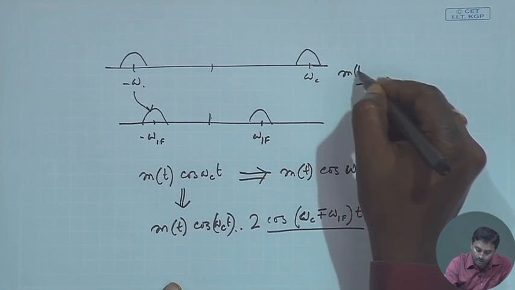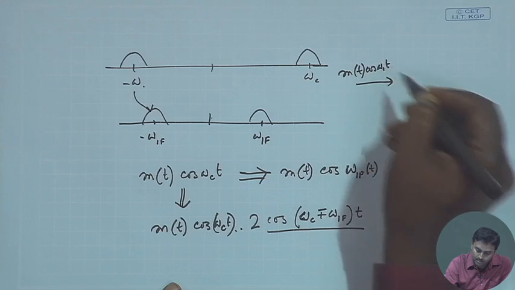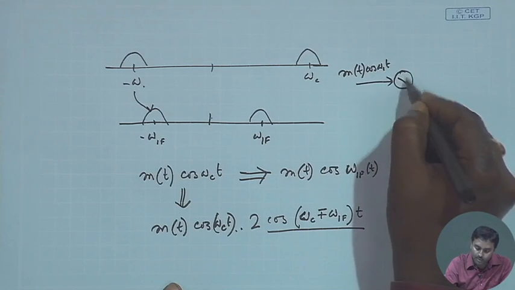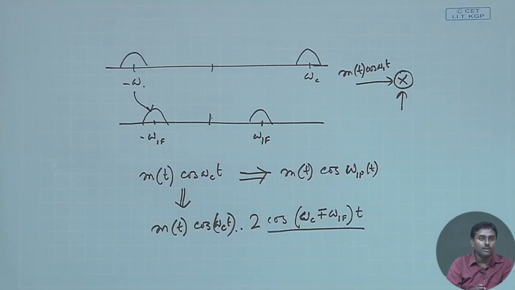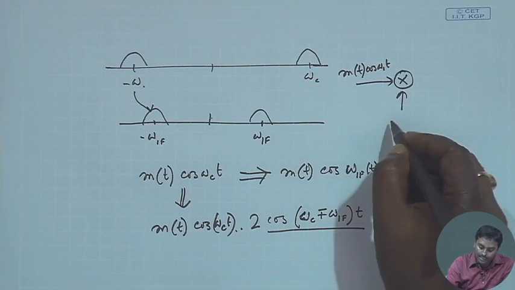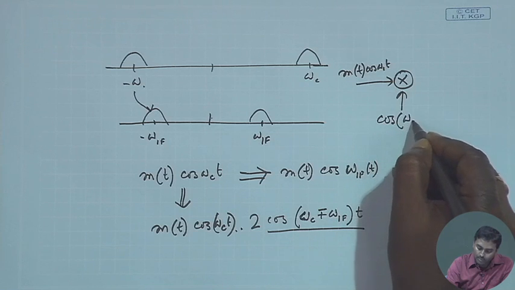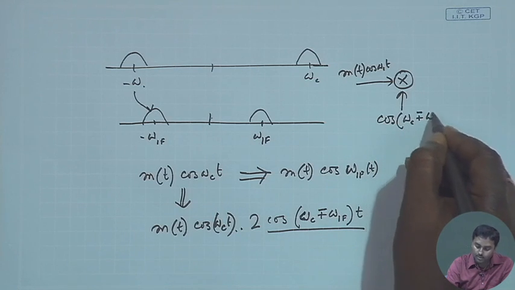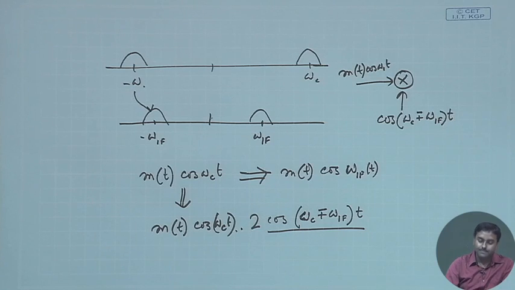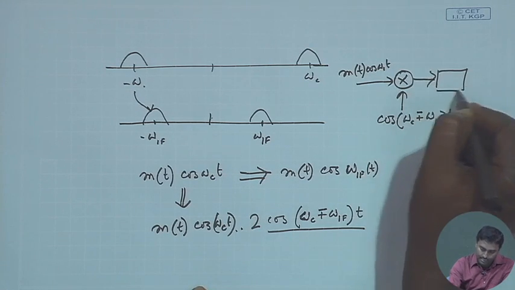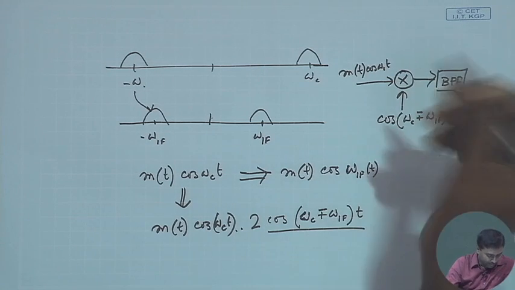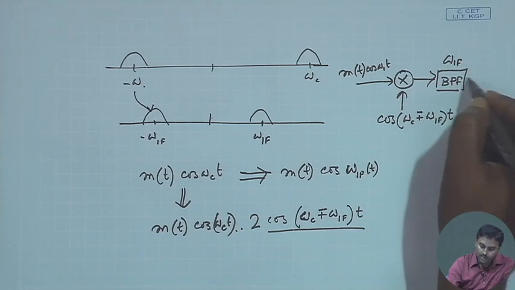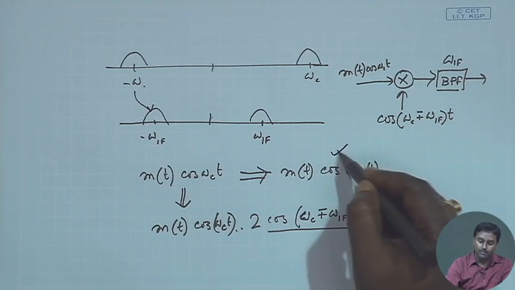This is m(t) cos omega c t which is coming to me, I receive it through an antenna, then I put a multiplier circuit, whichever way we have already talked about how to design a multiplier circuit, and then I multiply this with cos (omega c minus or plus omega if) t. Whatever I get, after that I put a band pass filter which is centered around that omega if.